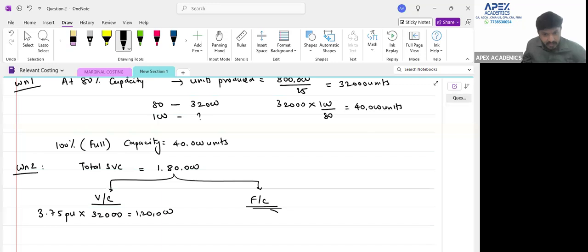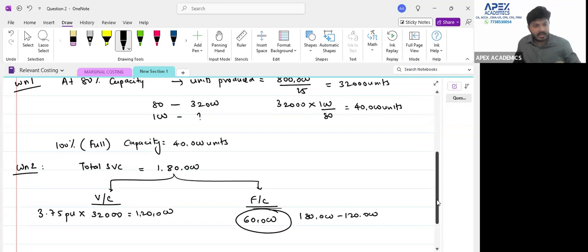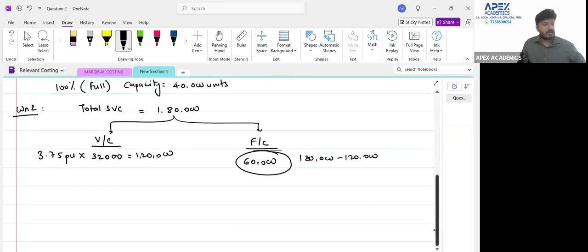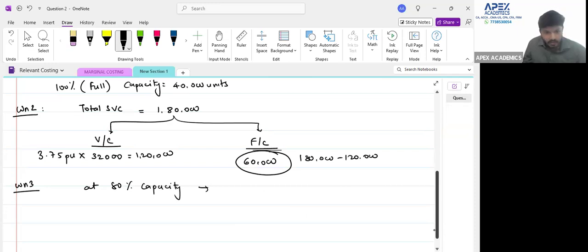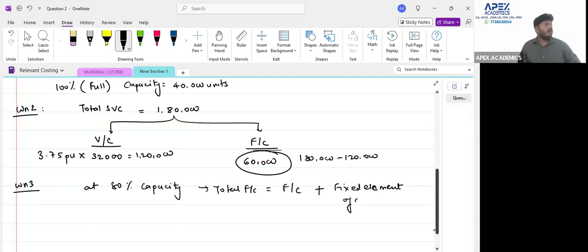Therefore, obviously the fixed element will be how much? 60,000. How did I get this? 1,80,000 minus 1,20,000. So I have the breakup of my semi-variable cost. Now comes my working note number 3. At 80% capacity, my total fixed cost is equal to fixed cost plus fixed element of the semi-variable cost.